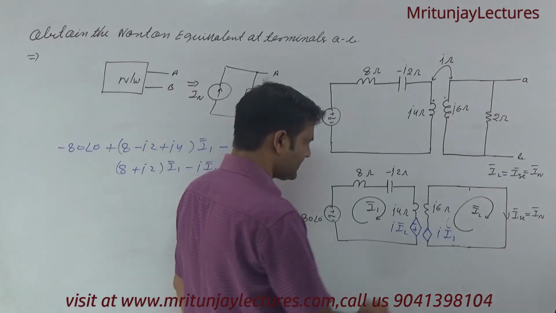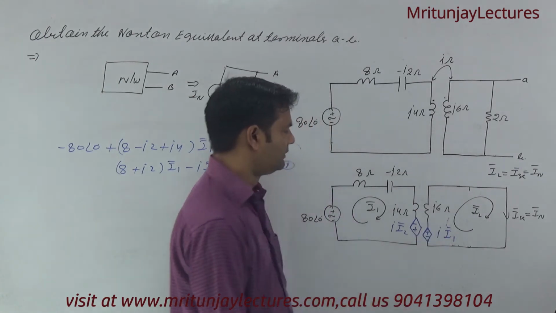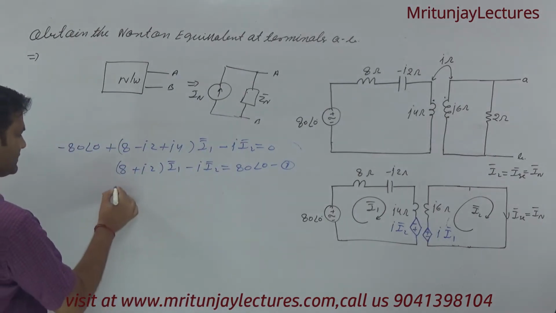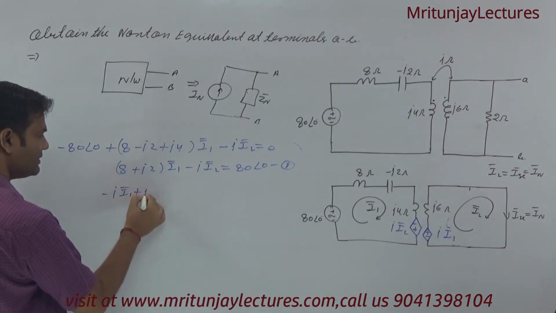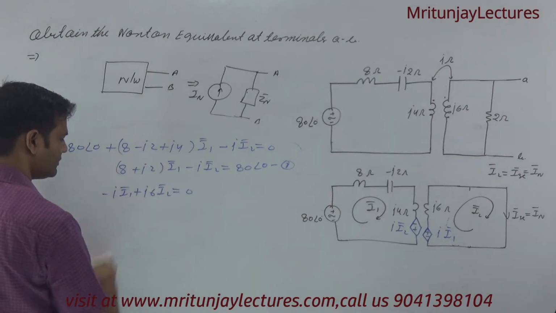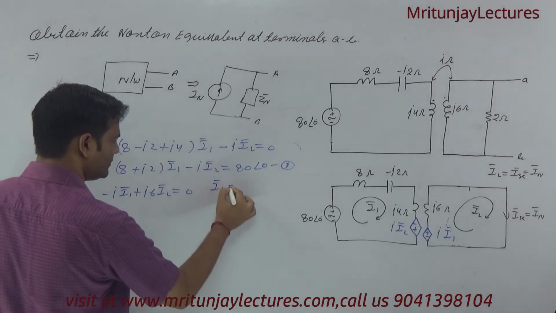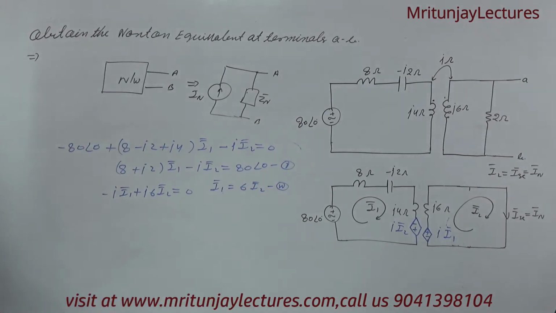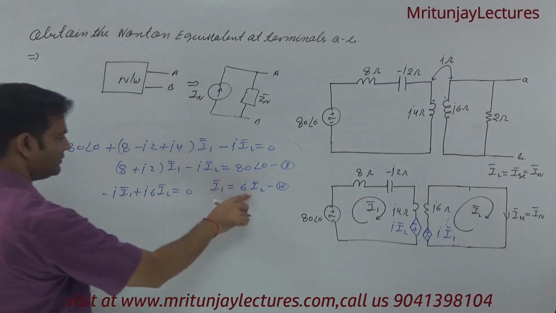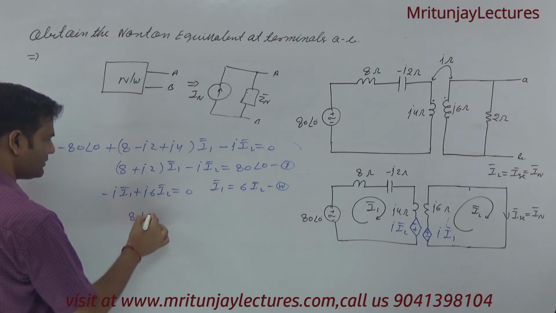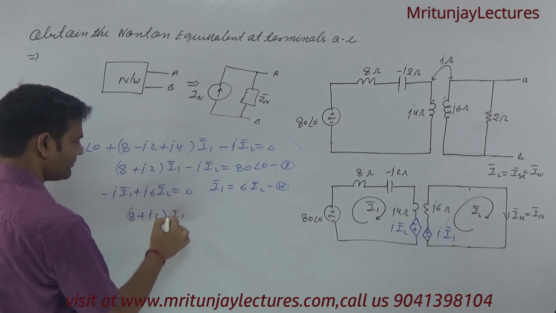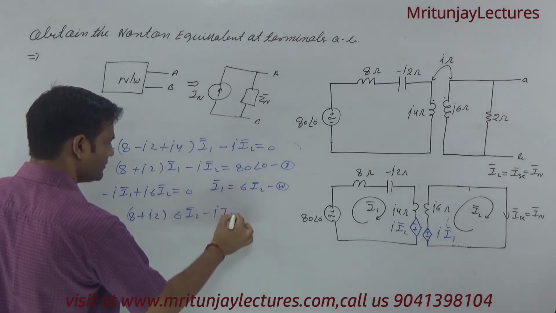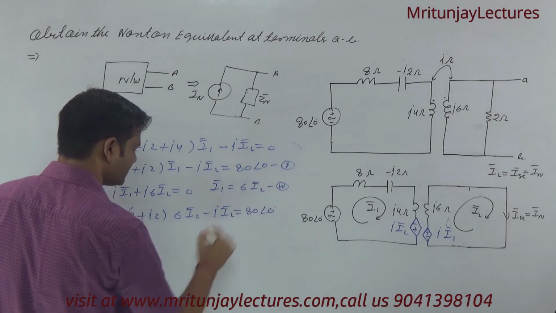Now apply KVL in this loop: minus 2 I2 minus J I1 plus J6 I2 is equal to 0. So I1 is equal to 6 I2, equation number 2. Now (8 plus J2) into 6 I2 minus J I2 is equal to 80 at the angle 0.